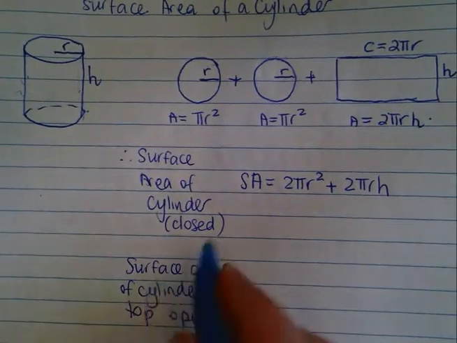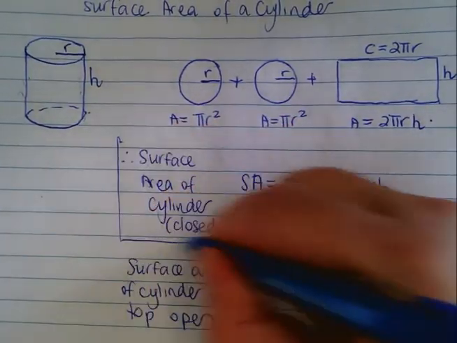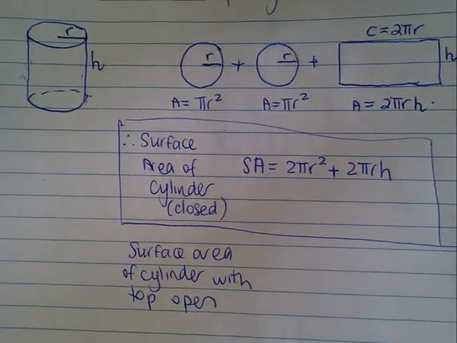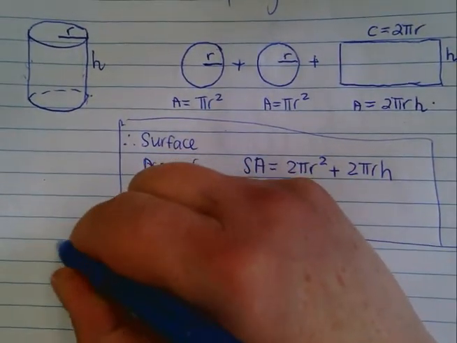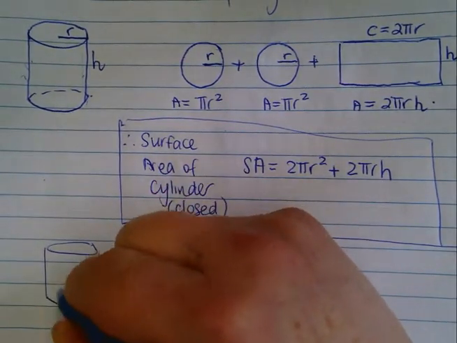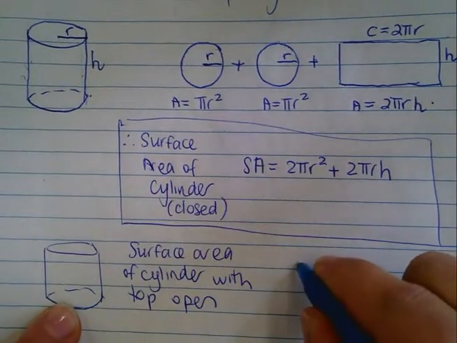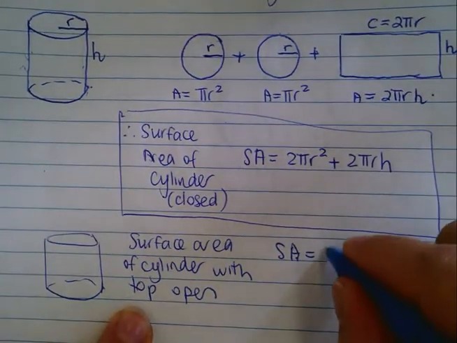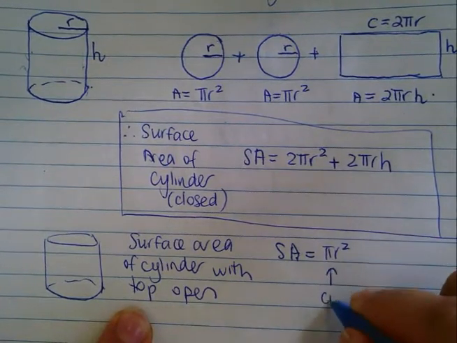So that's a closed cylinder. If the top is open, I've only got the base. Do you get it? So the surface area with the top open is going to be just the one base. See, that's the circle base.